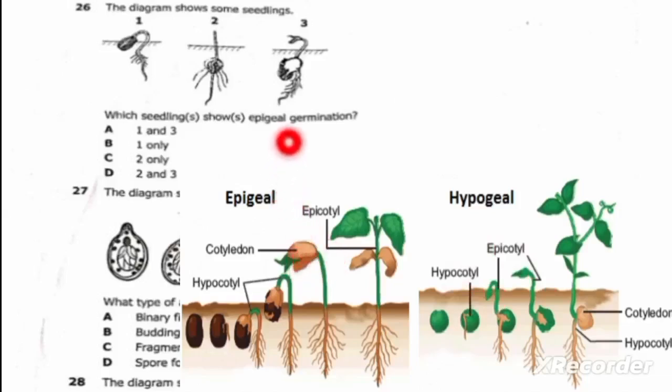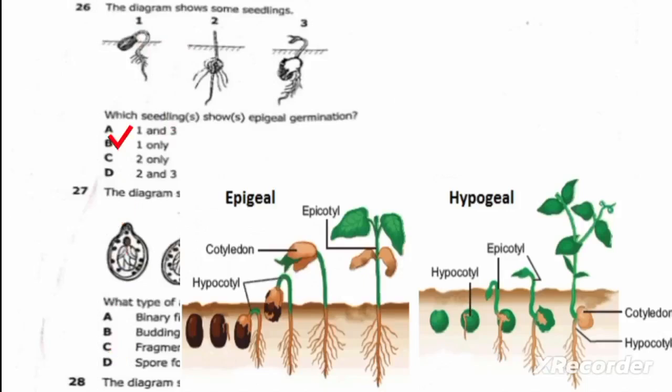So we can see that 2 and 3 are showing cotyledons left in the ground or left in the soil. Then for 1, we can see that the cotyledon is being pushed above the ground. So the only seedling showing epigeal germination is 1 only. So our correct answer is B.